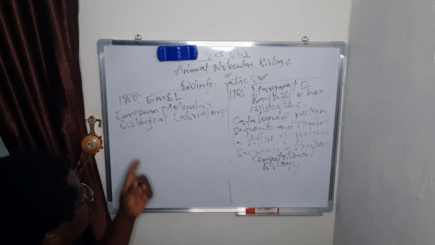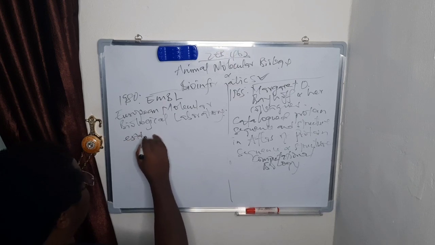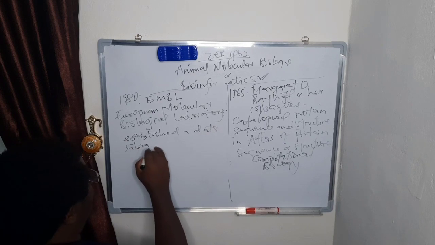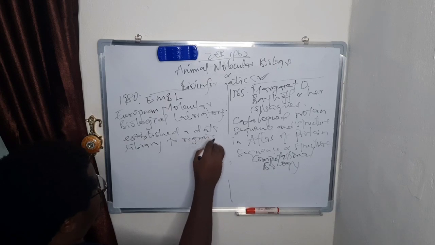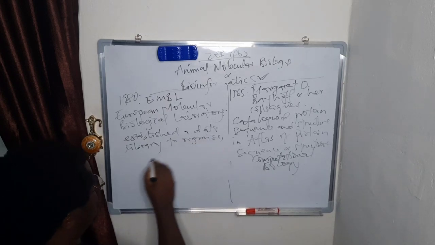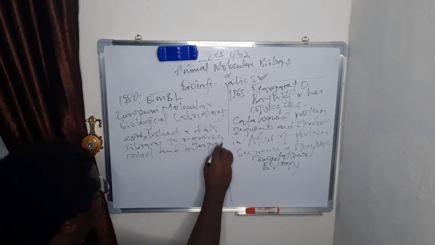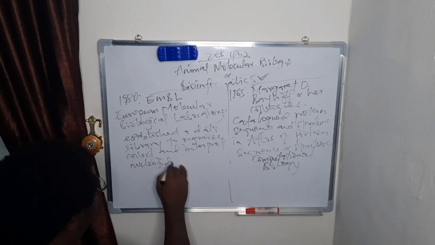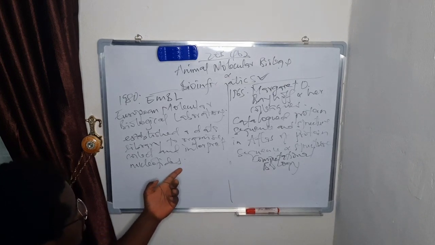So in 1980, the EMBL established a data library to organize, collect, and interpret nucleotides. As you can see, the protein sequence came before the nucleotides.